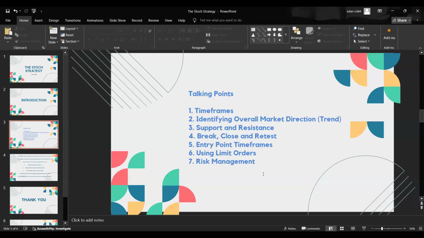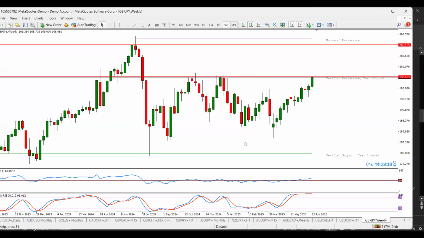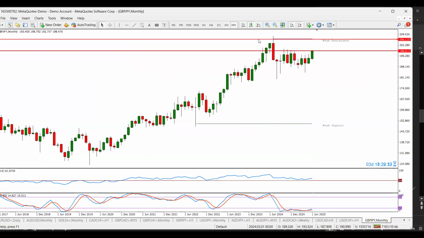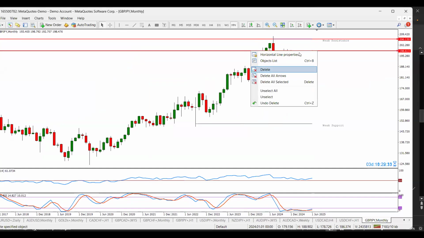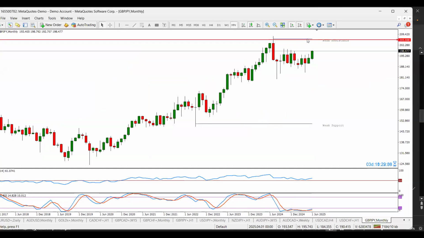This is where break, close, and retest comes in. You need to be able to break. Remember, we are trying to analyze GBPJPY. Now, what did I do first? We already know where we are going, which is here. Now, this other line was not here before. What I'm doing right now is called top-down analysis.